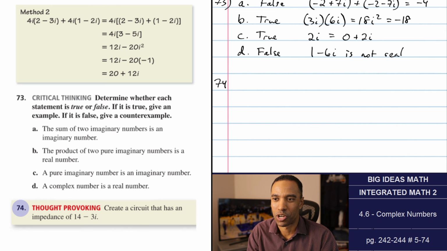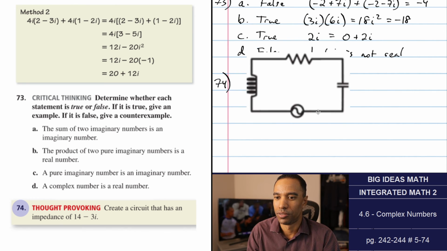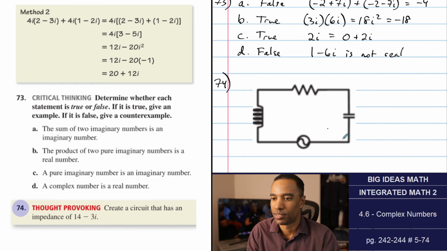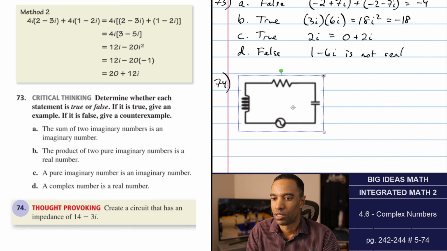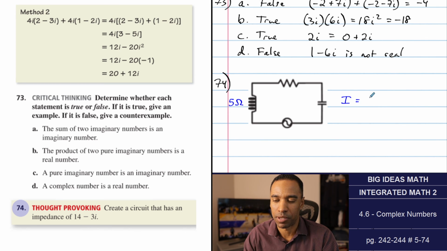Okay, let's see if I remember the terminology. Here I have my inductor, and I have my resistor and my capacitor. My inductor is going to have some i component that'll be positive. Let's call it 5 ohms. If this is 5 ohms, that means I will have a 5i in my impedance.